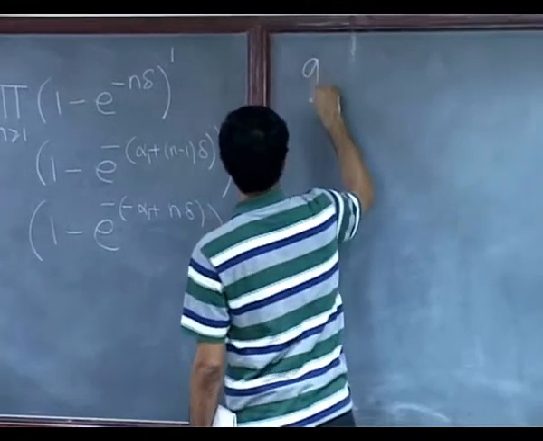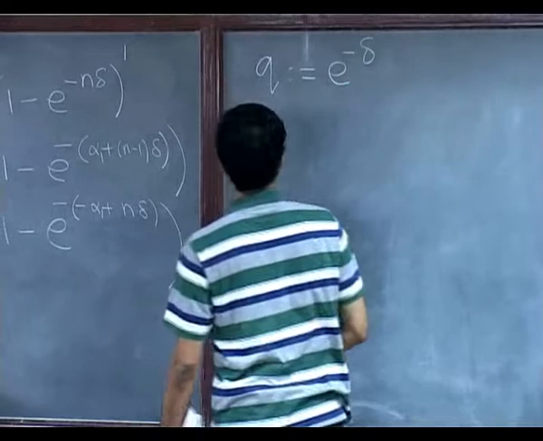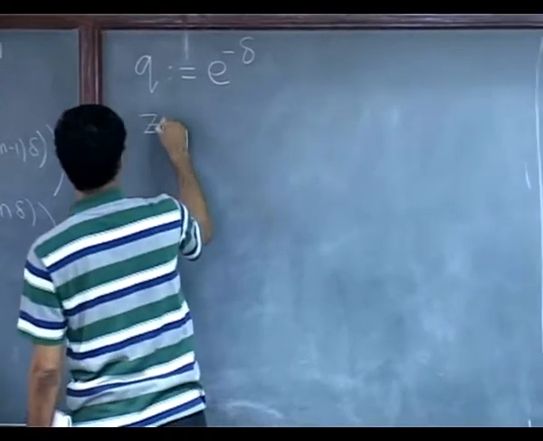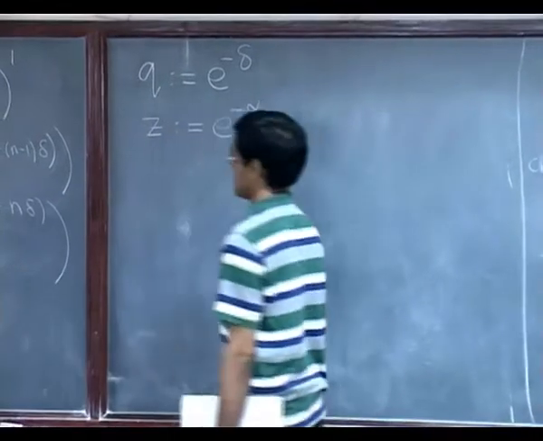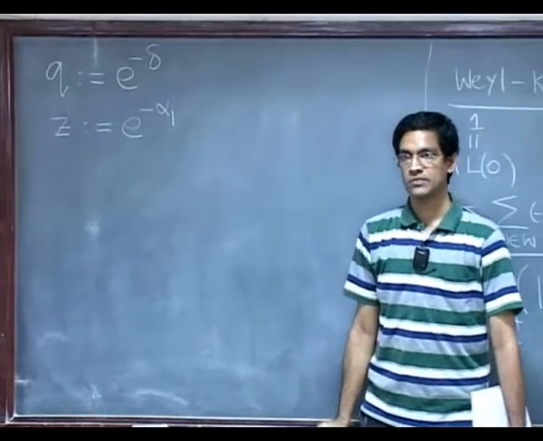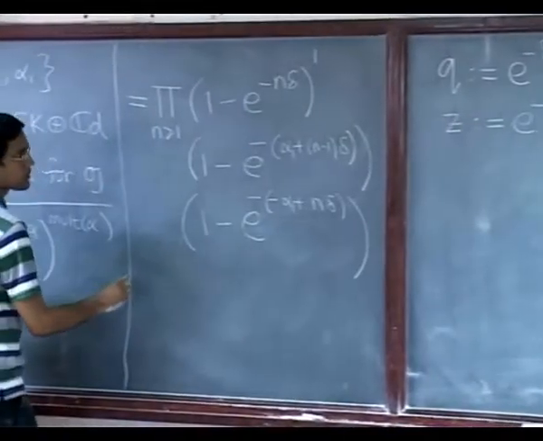So conventionally, here's what we do. Let's call q as e to the delta and z as e to the minus alpha 1. So those are the two variables we have. And so let's plug those two variables in.